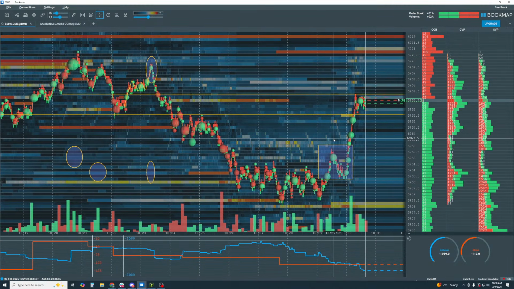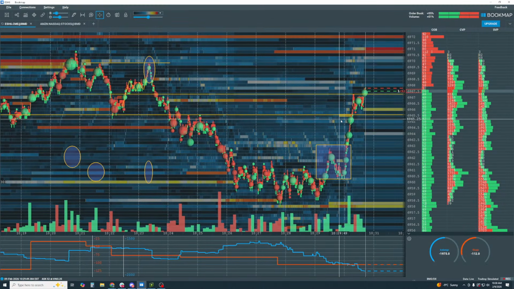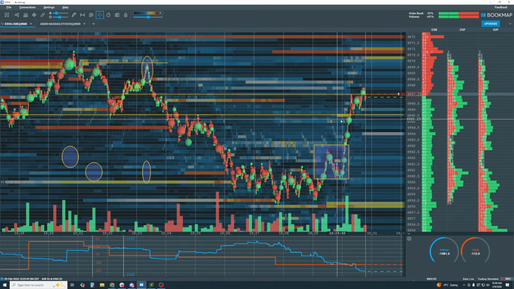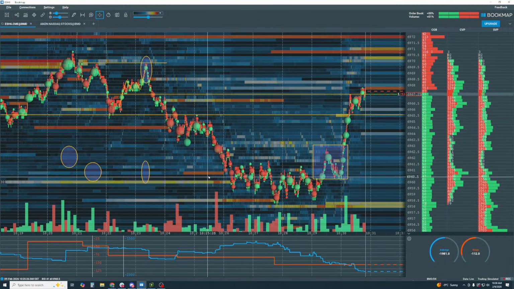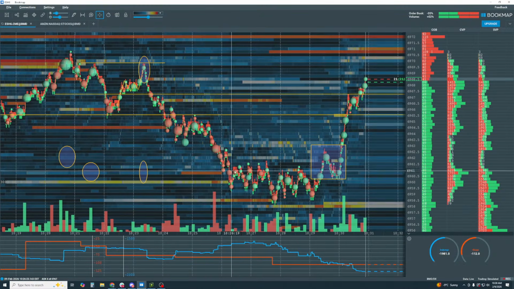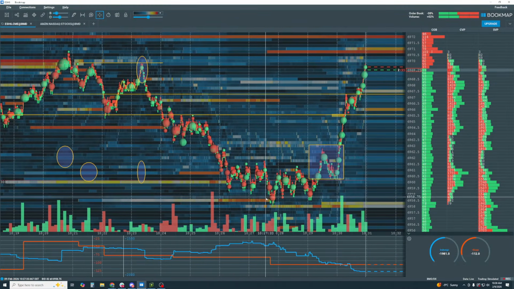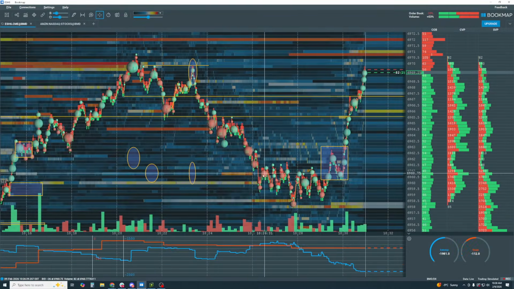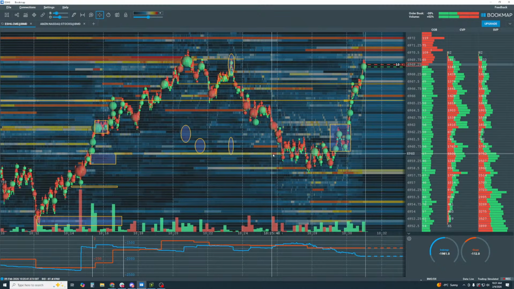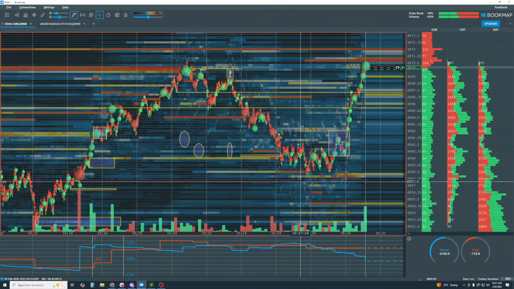I hope I don't confuse you guys, but this is an example of an alternative version of this trend line break and accumulation trade right in here. Here's why. We don't have a lot of liquidity on the bid here.